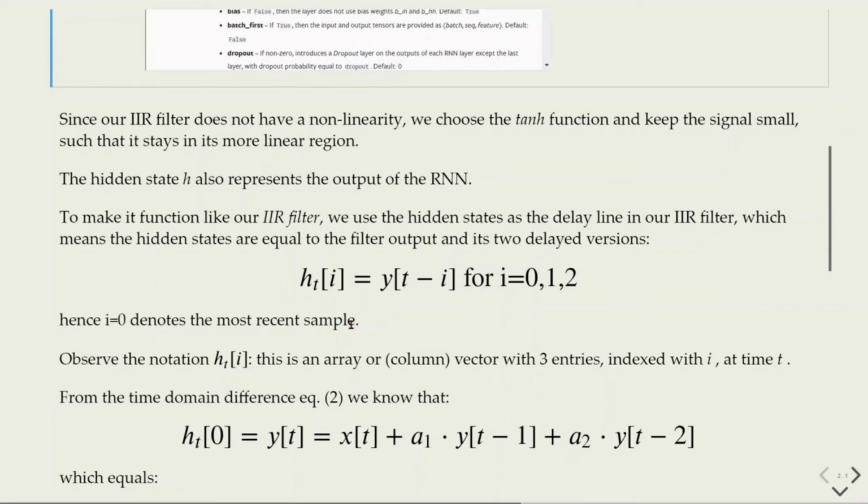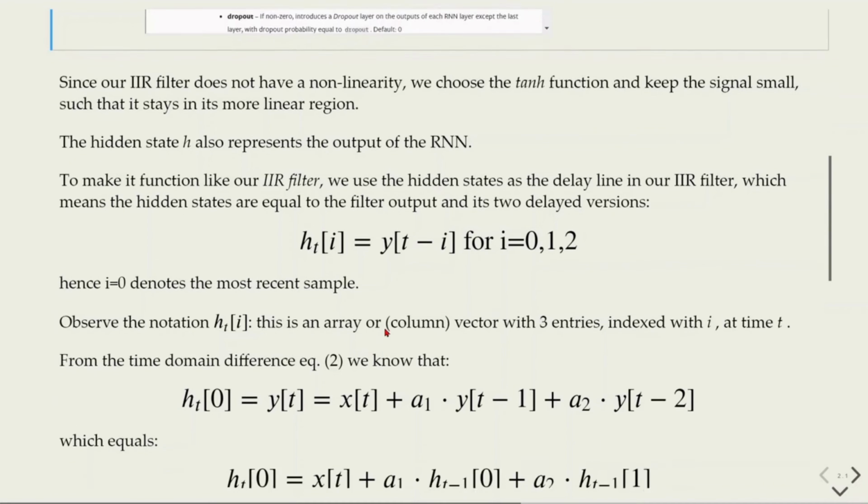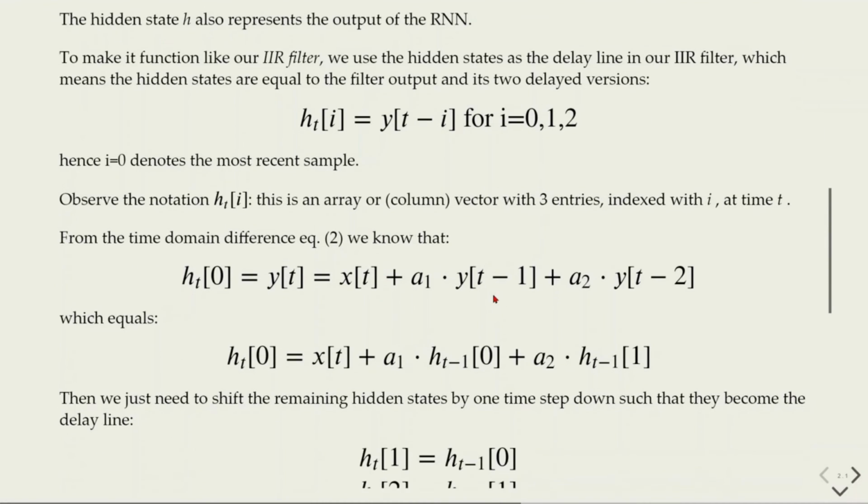Observe the notation h_t of i, and this is an array or a column vector with 3 entries indexed with i at time t. From the time domain difference equation number 2 that we saw earlier, we know this here, which is equal to this one here.